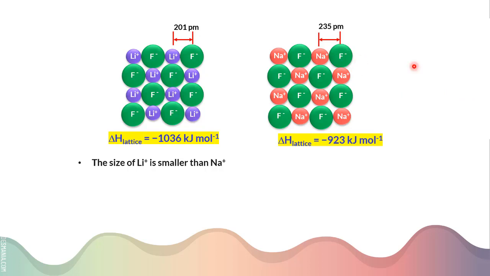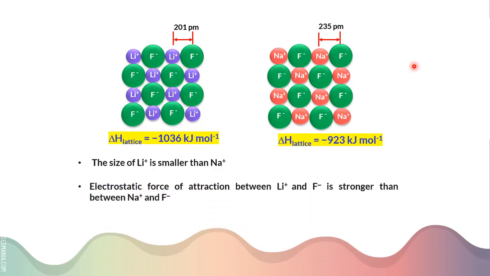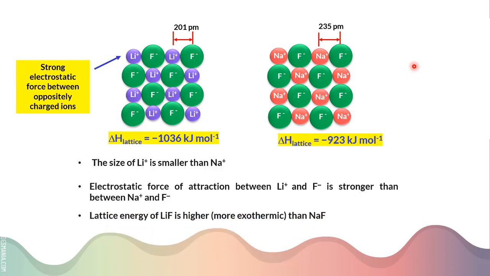When these ions form ionic bonds with fluoride ion, the electrostatic force of attraction between lithium ion and fluoride ion is stronger than between sodium ion and fluoride ion. As a result, the lattice energy of lithium fluoride is more exothermic than sodium fluoride.